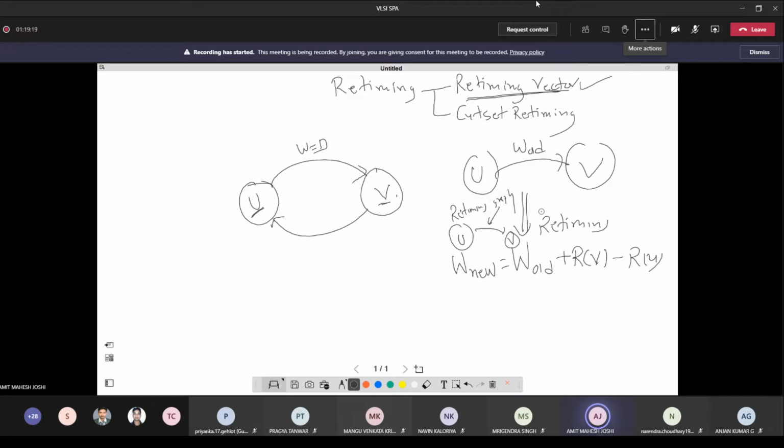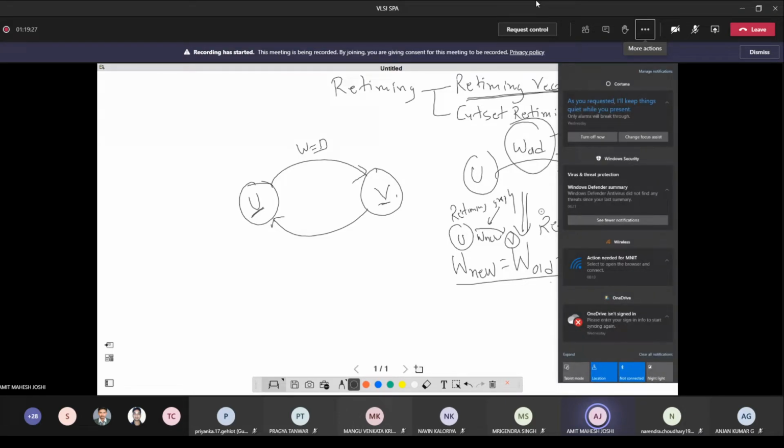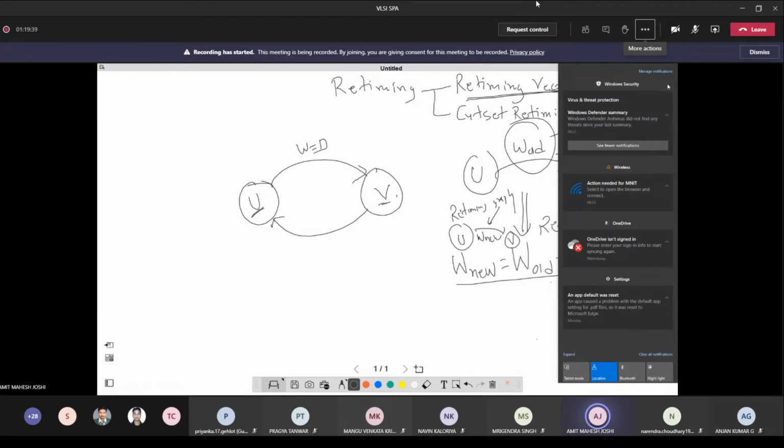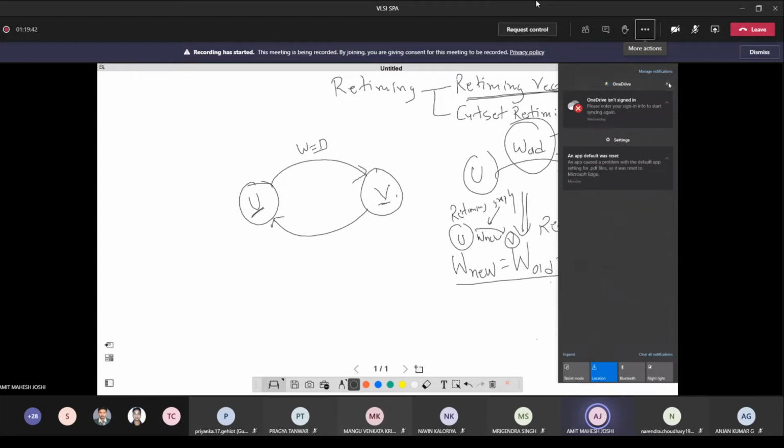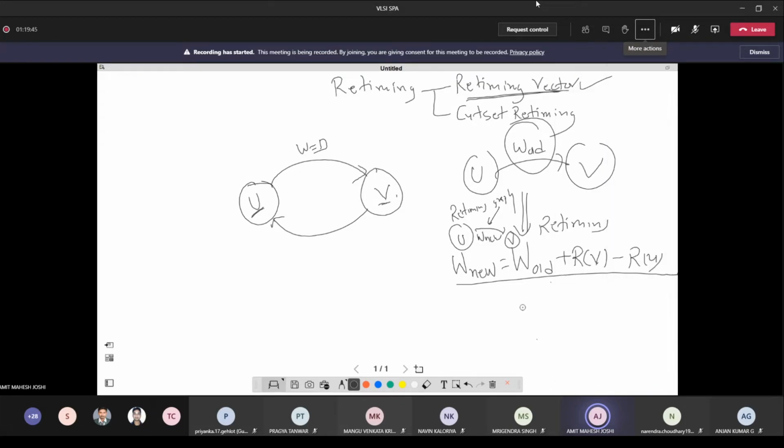For this, the W new is W old, that means before applying the retiming, what was the original weight, plus R V minus R U. Now for this particular graph U to V, there is an original weight W old. Why do I want to apply the retiming concept? Just to improve or increase my speed.